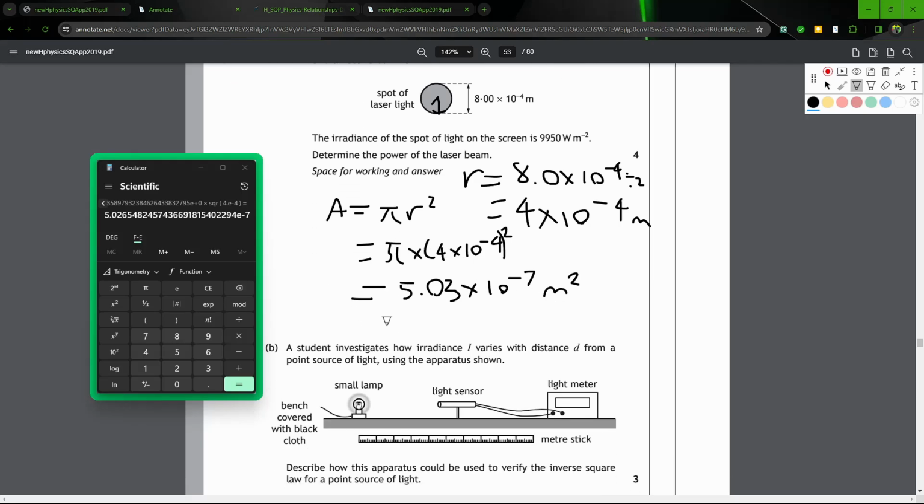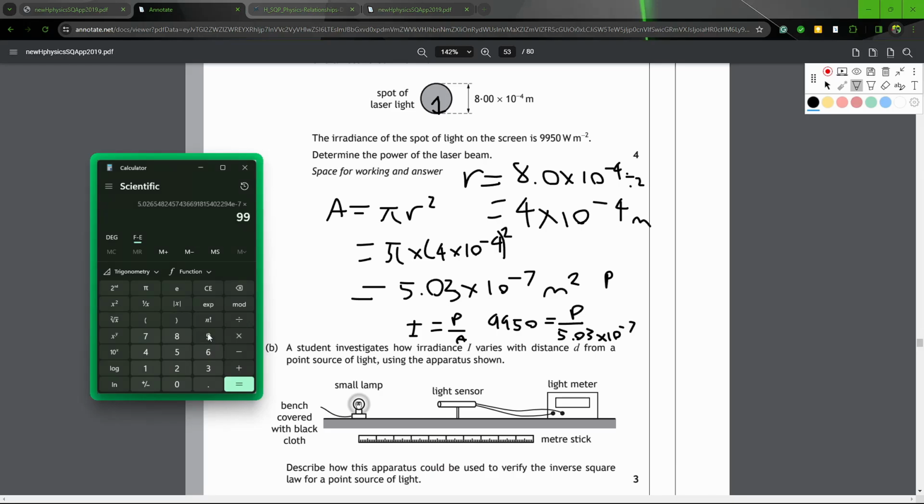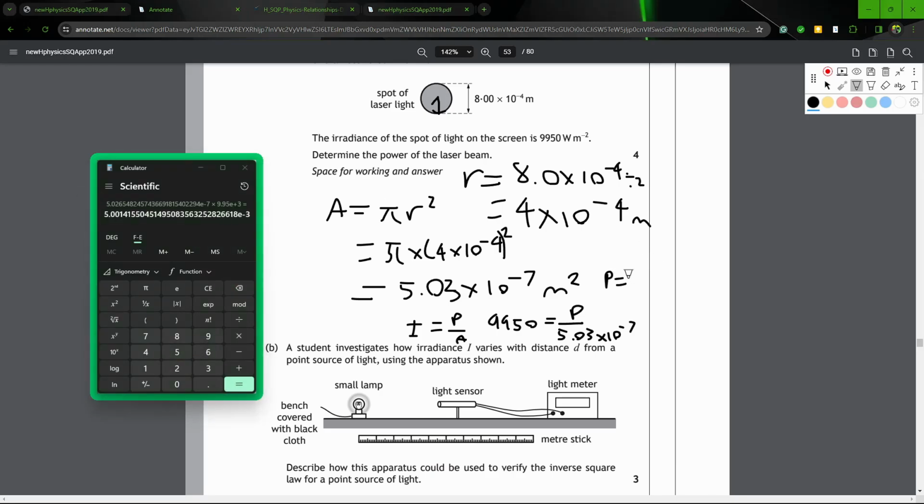And then what we need to do now is think intensity is power over area. So that means if the intensity is 9,950, power is over area, which is this. Then power has to be this times that, i.e. about 5 milliwatts.